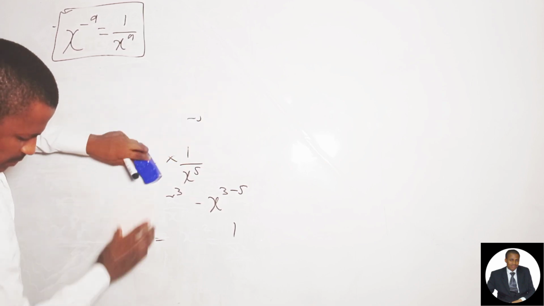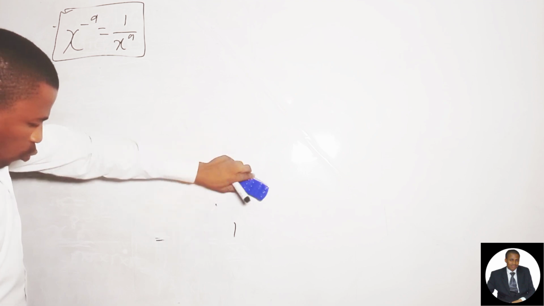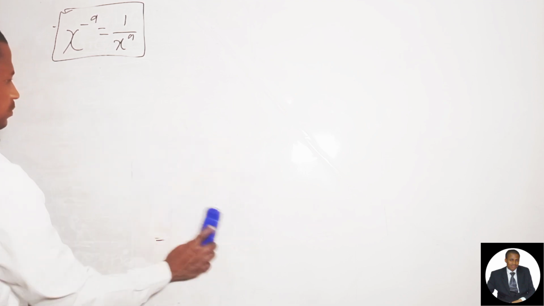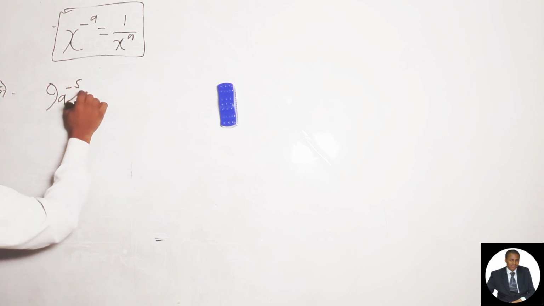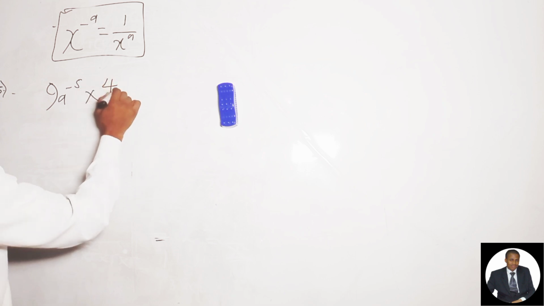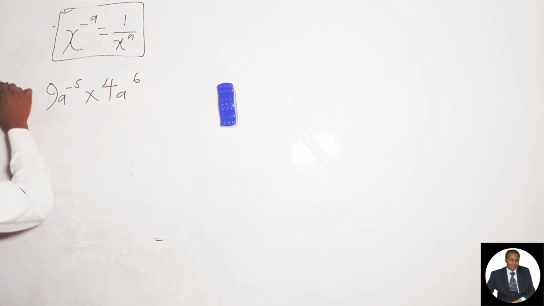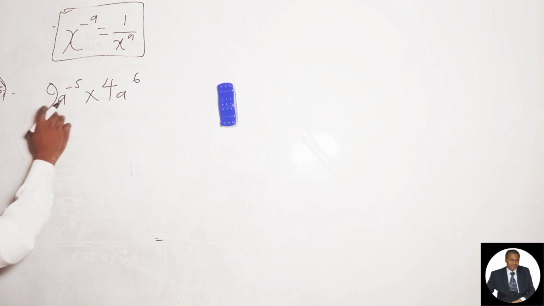Let's look at another question. Number 5, I guess. 9a to the power minus 5 times 4a raised to the power 6. How do we do this? This simply means 9.